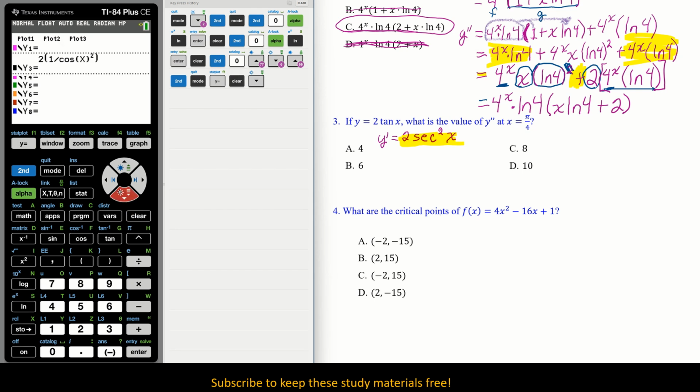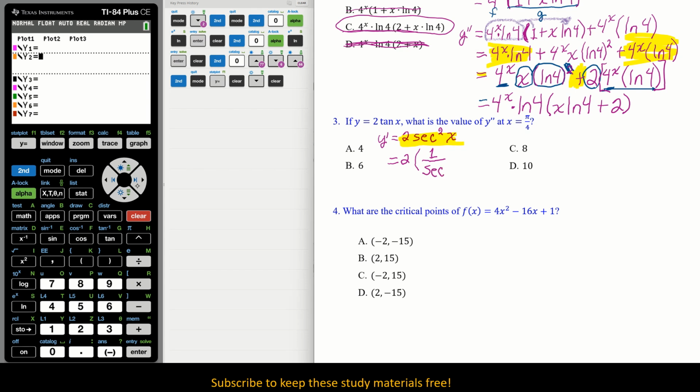Let me clear all this out, and I will write it. And looks like I was doing something else similar. So in the calculator, the same equivalent trig function is 1 over secant.